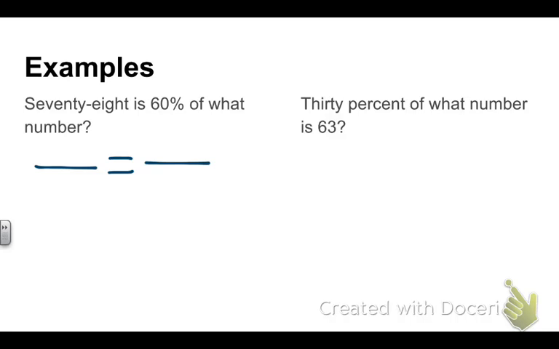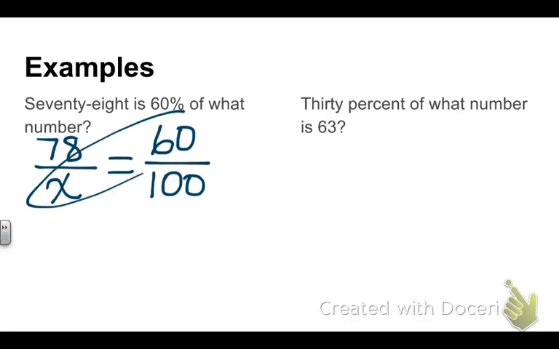78 is 60%. Start with the percent, you know it's 60, always out of 100. And then 78 is, so that's our part, of what number? Of what? Of the whole. I don't know what the whole is, so we're putting the x there.